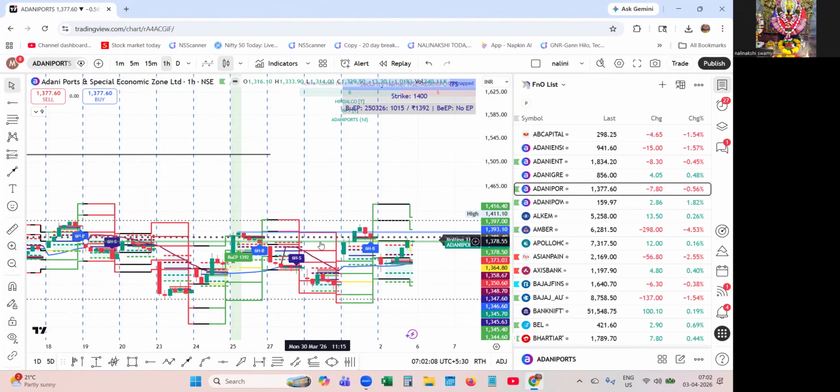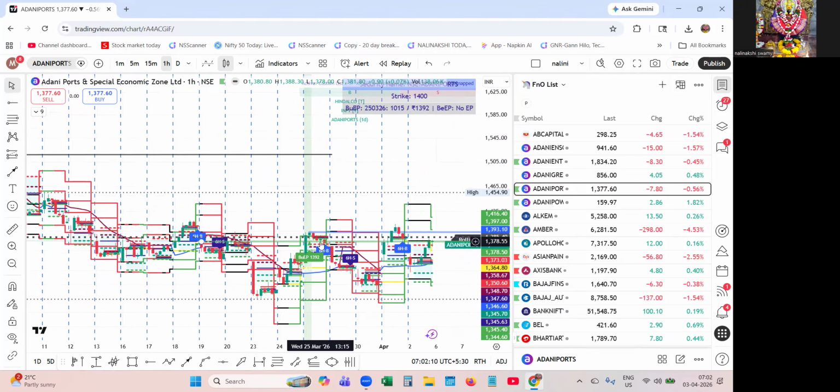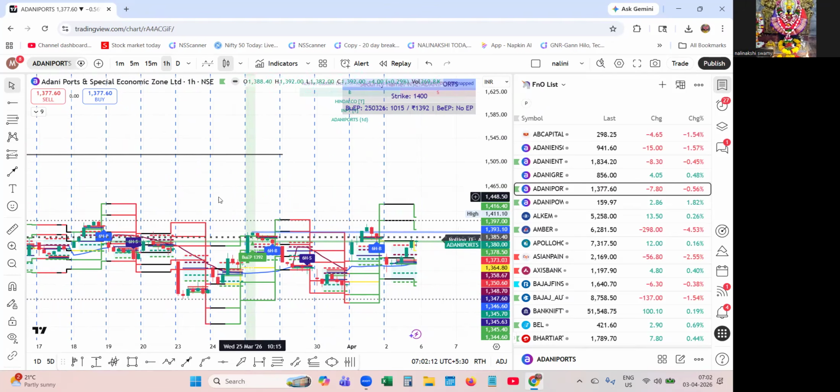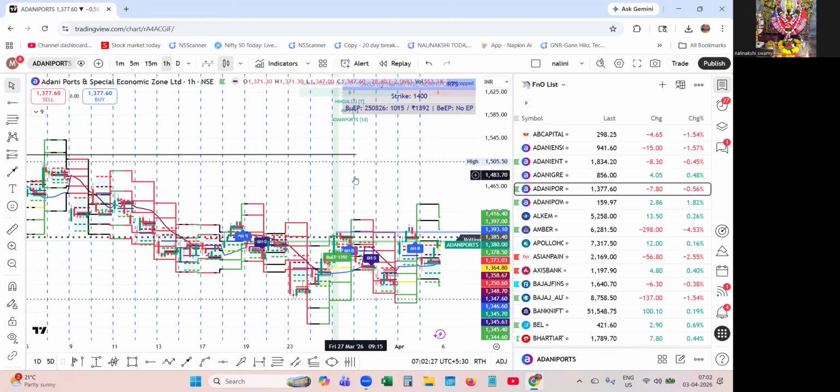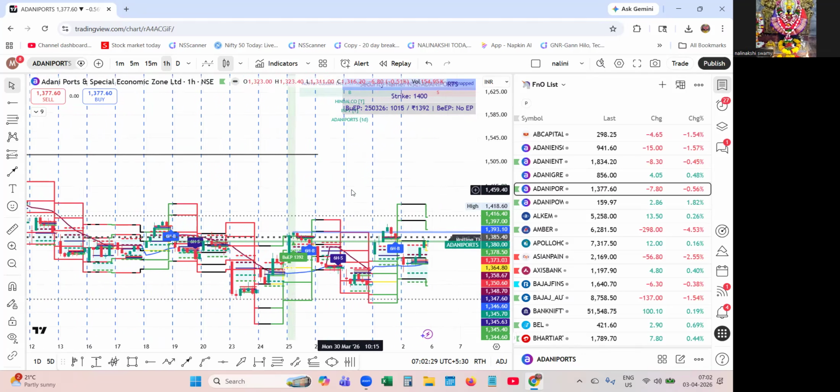This is a classical example of this stock. You can consider this EP has been triggered once it starts trading above 1392. Yesterday it closed around 1377. Monday, if it starts moving higher, you can consider this stock.